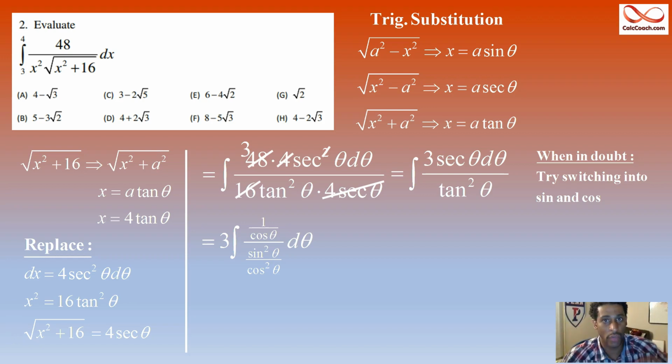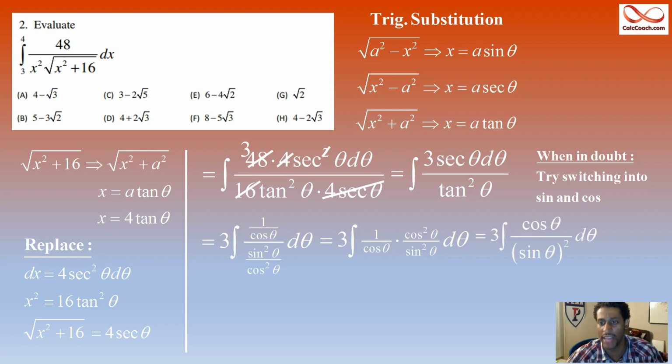So we're going to have 1 over cosine times cosine squared over sine squared. And the cosine from the denominator is going to cancel with one of those 2 cosines up top and leave us with cosine on top of sine squared. But I'm going to write it in this way, where I have sine of theta quantity squared. Makes it a little more obvious what to do here.